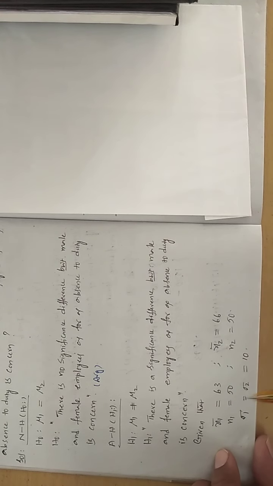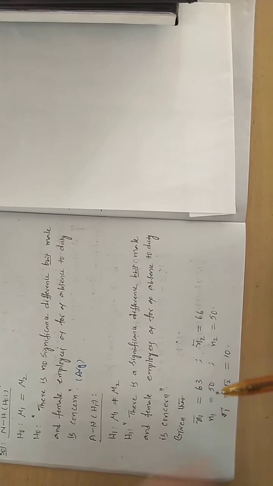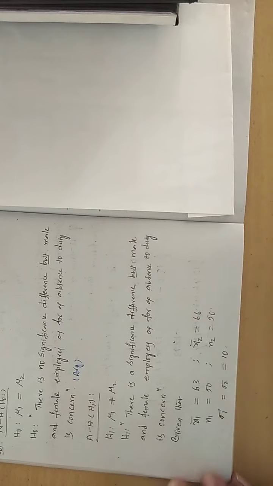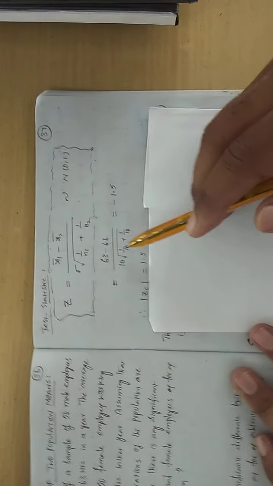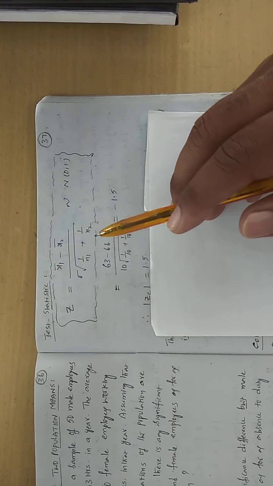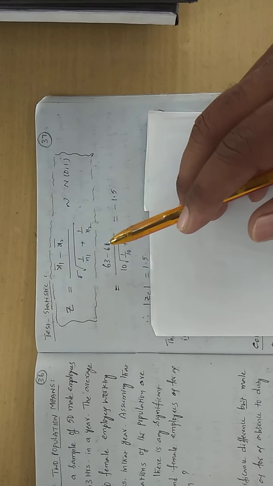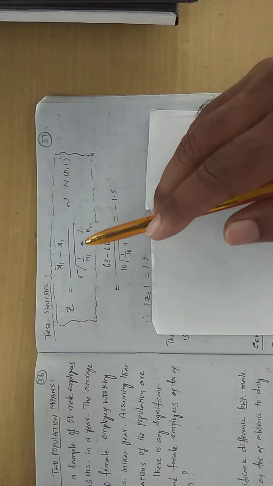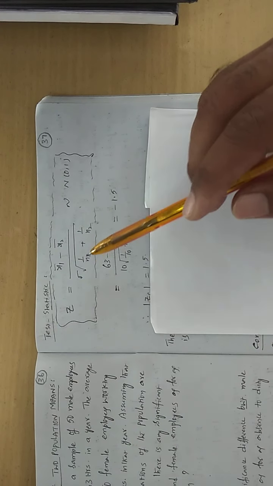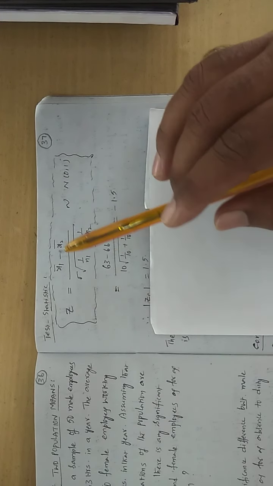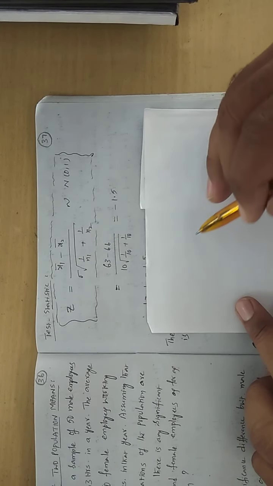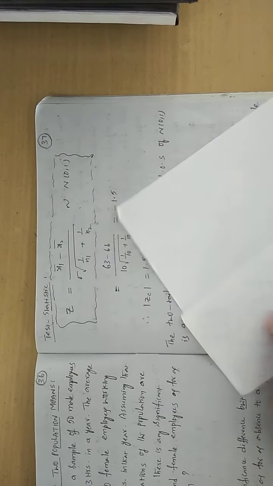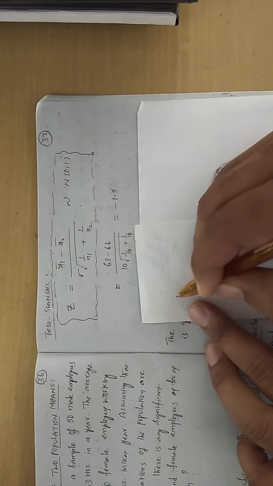Now, this is the given information from the problem. Now, substitute it in the formula. This is the case 1 formula. Actually, what I told you, you need not remember cases. Directly also, if you want, you can substitute here.